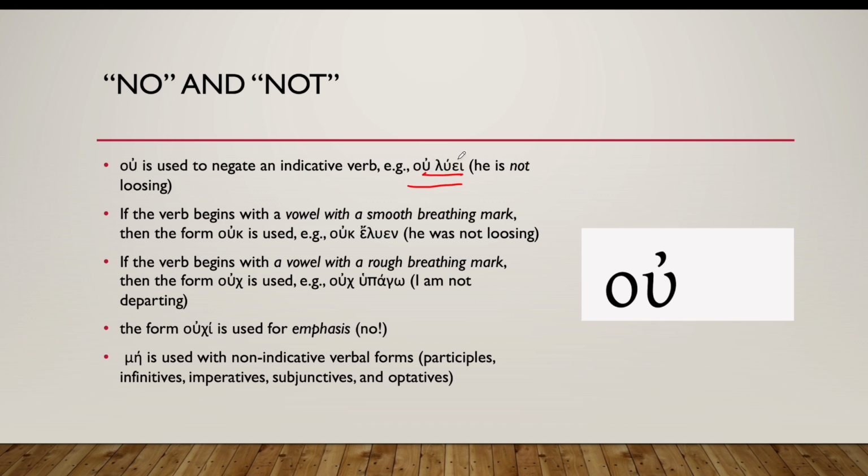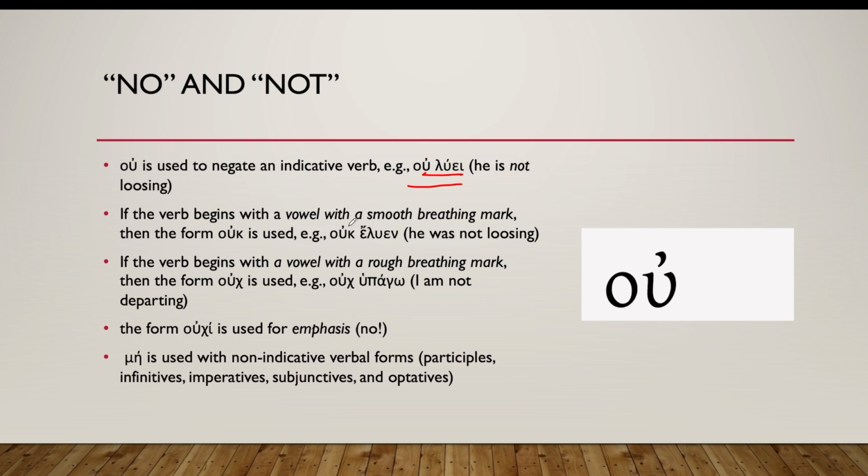So ou lui, he is not loosing. Okay. This ou is a particle. It's not like a noun. It doesn't change its form in terms of case or function, but it will change its form in accordance with the next word that comes up. And this is merely for pronunciation reasons.